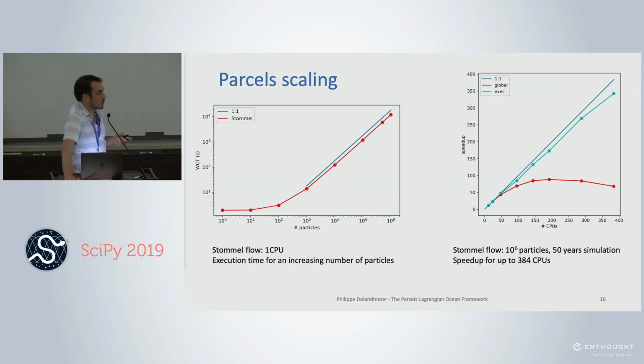Now some smaller results. In terms of scaling, when you put more and more particles, you see linearly increasing computation time, which makes sense. You don't want a quadratic time when you increase the number of particles. At the beginning, it's more the field set which dominates the cost, while later it is a particle-dominated application.